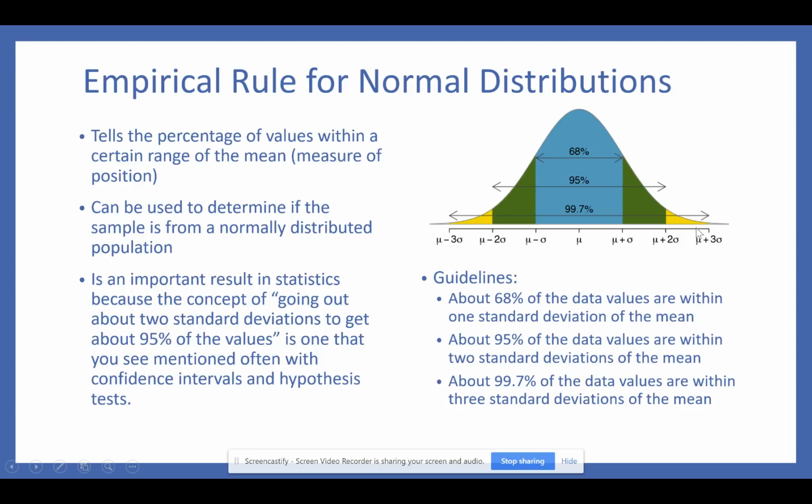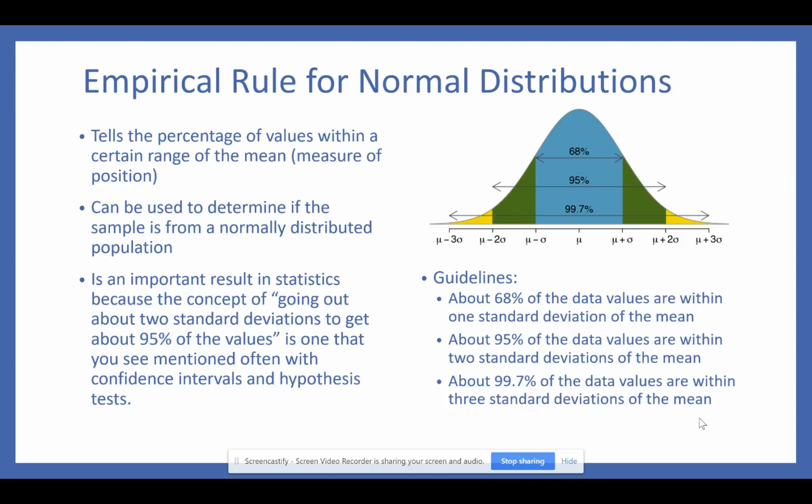And then if we go 3, about 99.7% of the data values are within 3 standard deviations of the mean, which means if we have something that's more than 3 standard deviations from the mean, we may want to take a look at it because that could be a possible outlier. It could be a miscalculation or something, because it would be very unusual for a value to be more than 3 standard deviations from the mean.